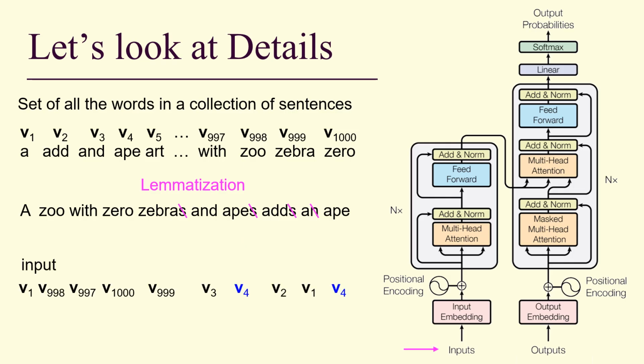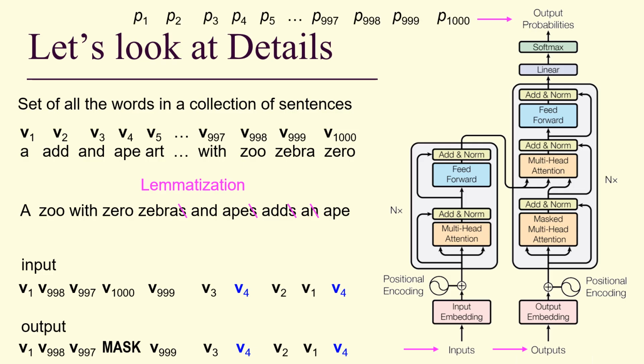Our input is then this sequence of V's corresponding to whatever sentence we're looking at, and our output has a mask where one of our values is. In this case, we're masking off the word 0. So we present the input to the input embedding and the output to the output embedding. And then at the top, we get probabilities.